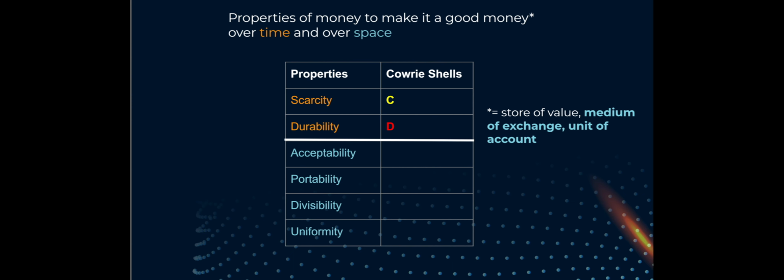Now that we've graded this money as a store of value over time, let's do the same but for over space, or in other words, how well this money can be used as a medium of exchange and unit of account across geographical distances. Acceptability. Acceptability is a property of money that refers to the willingness and readiness of individuals, businesses, and institutions within an economy to recognize, verify, and receive a particular form of currency as a valid means of payment.